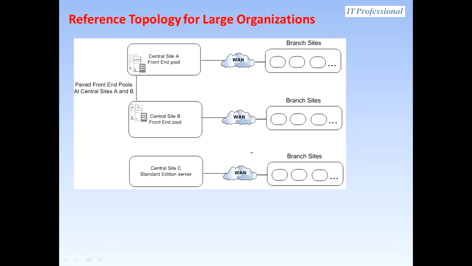Each of these two front-end pools has 6 servers, which is enough for all 40,000 users in both pools in case of failover. We also have central site C, which will run Standard Edition server. We will see that in detail later.